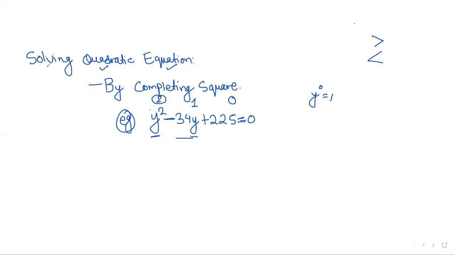Now solving, what do we mean by solving? Whenever we solve any equation, we are trying to find the value of the variable y that actually satisfies this equation. When I say satisfies this equation, what I mean is, if you put y as 1, does that give us the same values on both sides of the equation? Right now on the right hand side of the equation, we have 0.